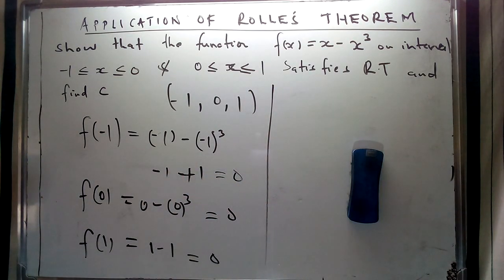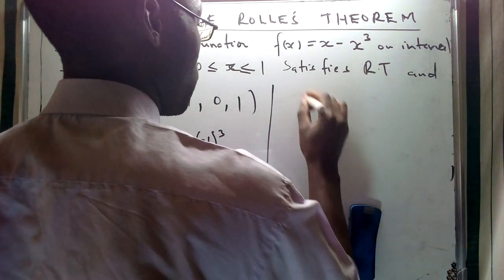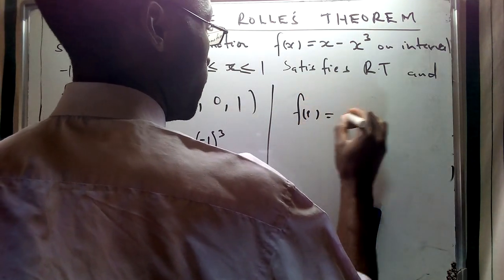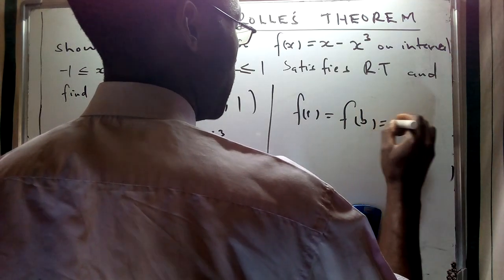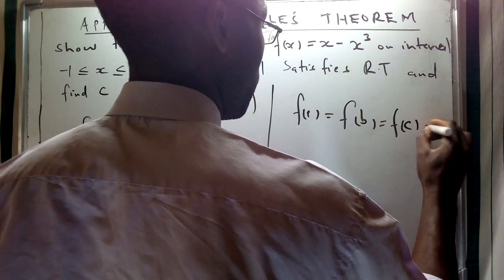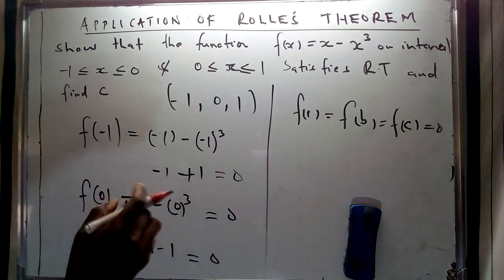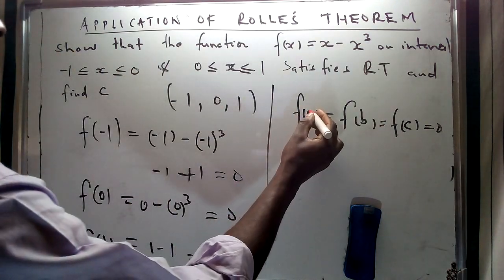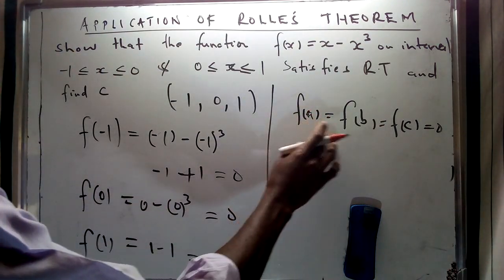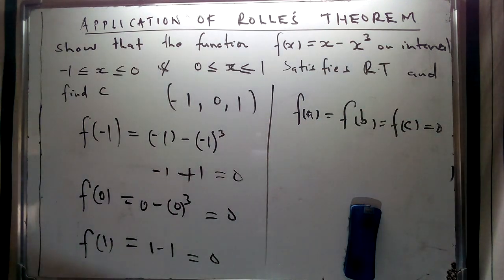I said that for us to obey the first condition of Rolle's theorem, we need f(a) equal to f(b) equal to f(c), equal to 0. So it has satisfied that first condition for Rolle's theorem.